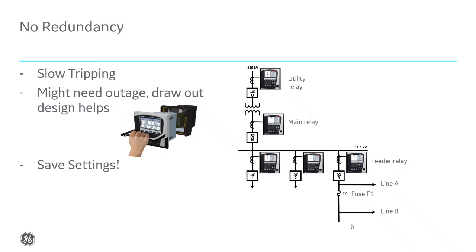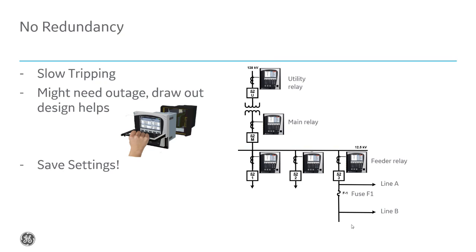So there is no redundancy, meaning that if there's an issue with that feeder relay, in feeder 52.3 for example, then there's no protection on that feeder. You're relying on the coordination of the main feeder to trip for faults in that feeder number 3. So you might have to deal with some slow tripping if you have issues with your feeder overcurrent protection or feeder overcurrent circuit.